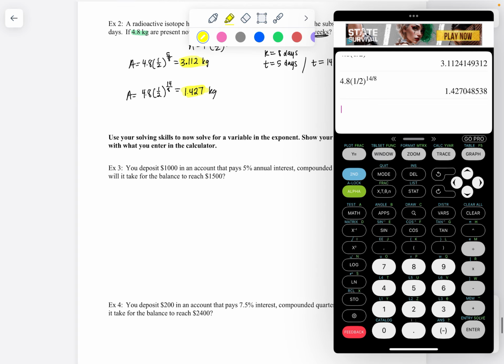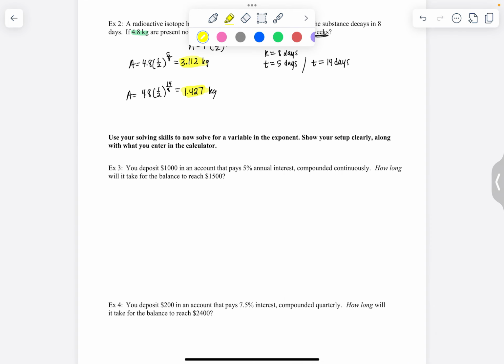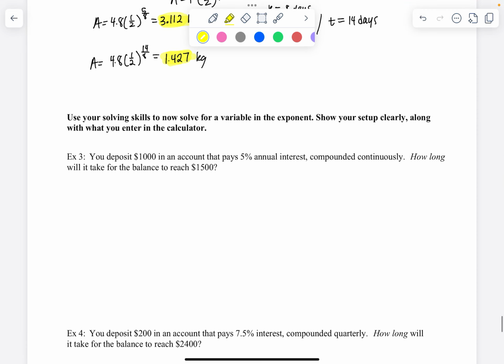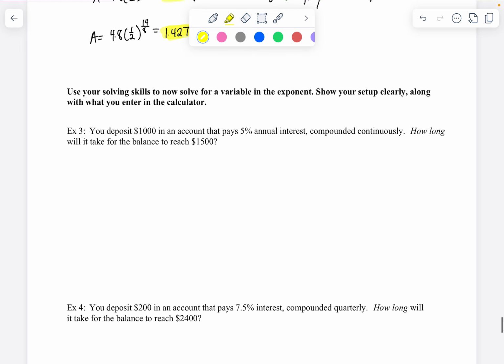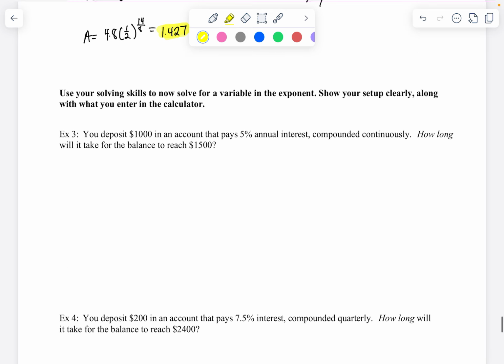All right, next up, we are now going to use our formulas, but this time we're solving for time. And so our first problem says you deposit $1,000 in an account that pays 5% annual interest compounded continuously. How long will it take to reach $1,500?